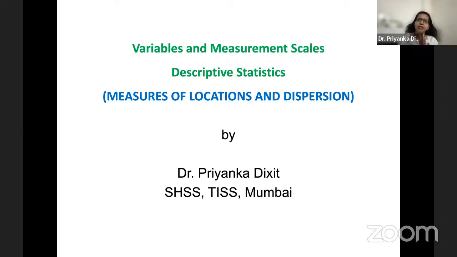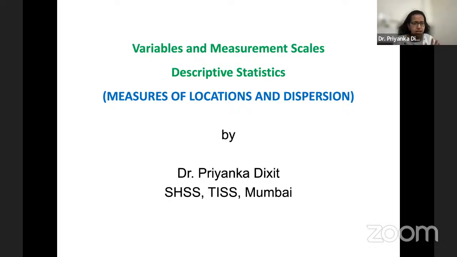After describing the sample, what is my next job? I wanted to apply some statistical technique so that I can generalize my sample finding to the entire population. I wanted to predict, I wanted to generalize my sample finding to the population level, isn't it?